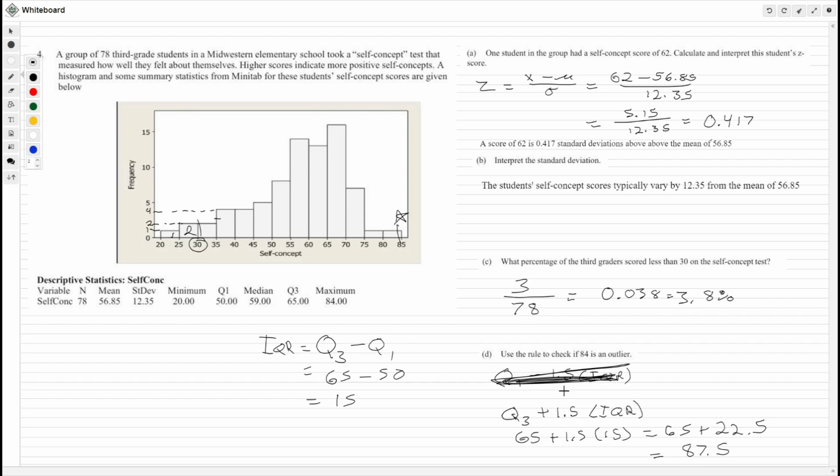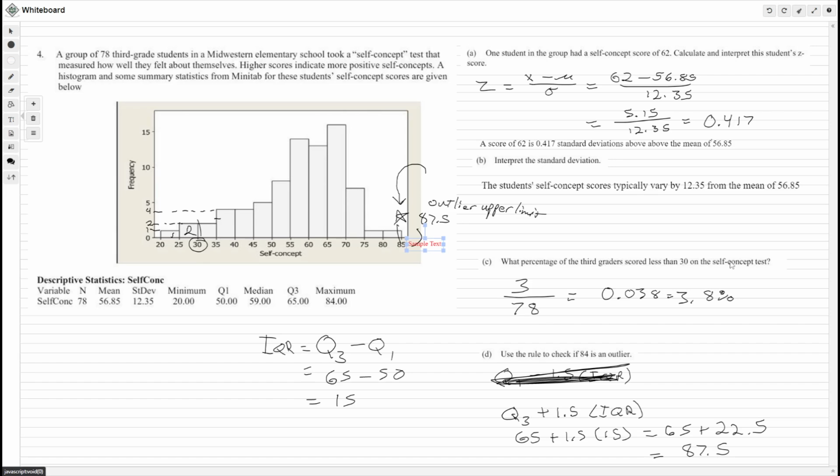So, is 84 an outlier? No, our outlier upper limit is 87.5, and our value of 84 falls well below. If we are less than 87.5, it is not an outlier.